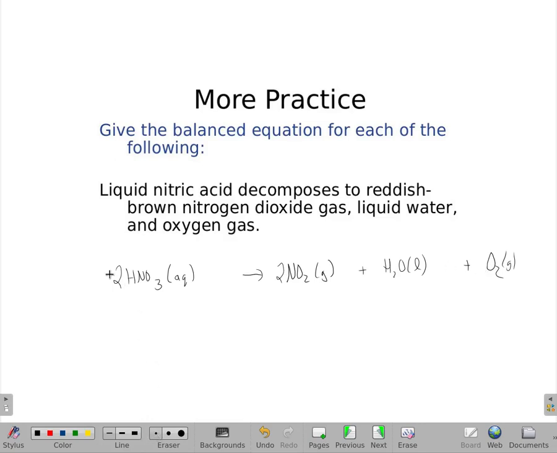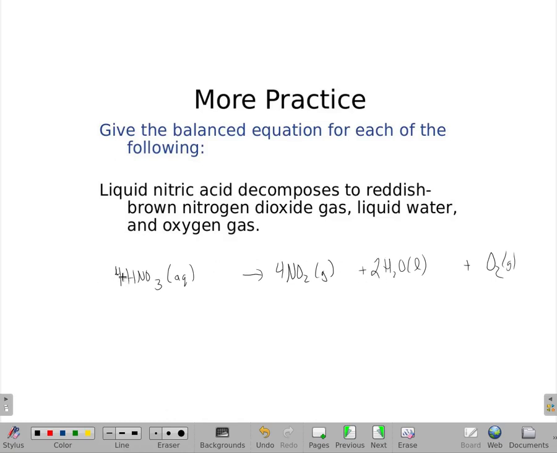So when that happens, we just back up here and increase the number of HNO3s. We're doubling them. Now that does mean we end up doubling this value that we put there. It's not 2, it will be 4. And let's see, 4 hydrogens, I would need to double this.